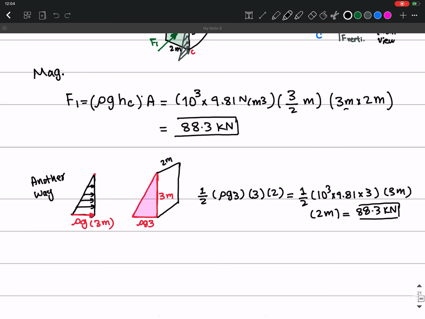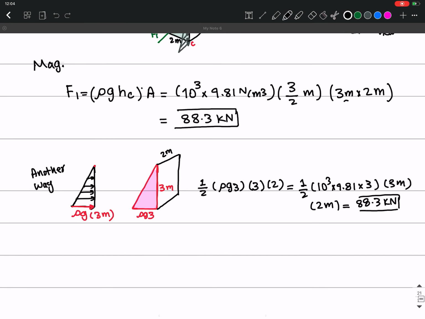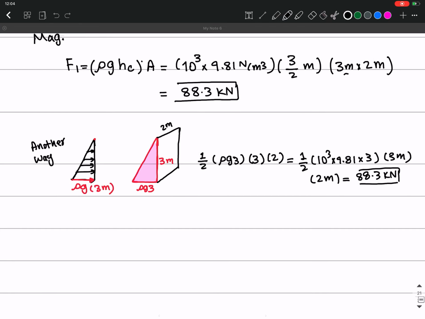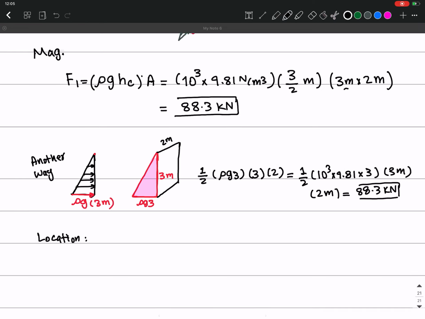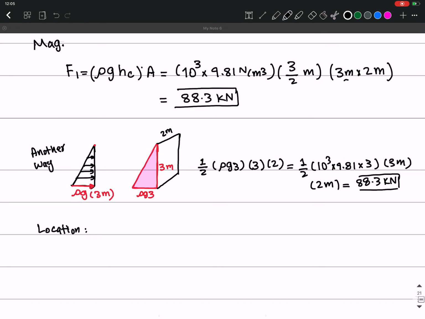And so let's now look at the location of that. Here, because this is a triangle, this force is gonna act.